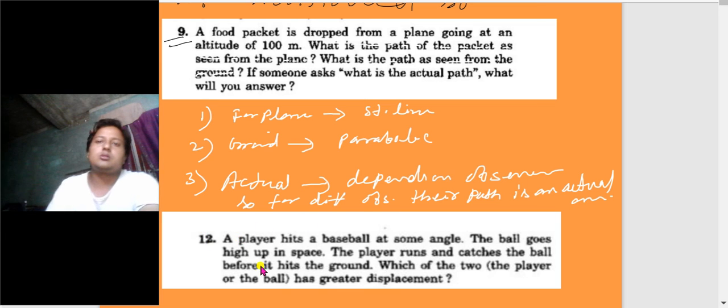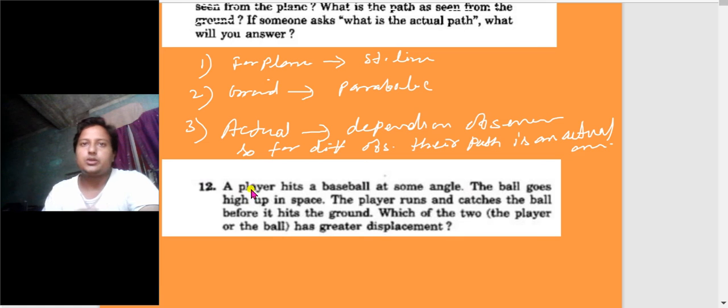Now in question number 12, a player hits a baseball at some angle. The ball goes high up in the space. The player runs and catches the ball before it hits the ground. Which of the two has the greatest displacement?